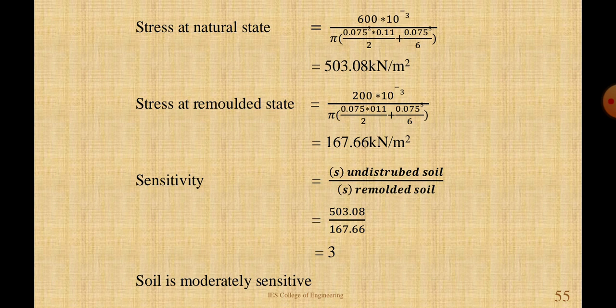Sensitivity is equal to undrained shear strength value of undisturbed soil divided by stress at remolded soil, that is 503.08 divided by 167.66, which is equal to 3. Therefore, the soil is moderately sensitive.